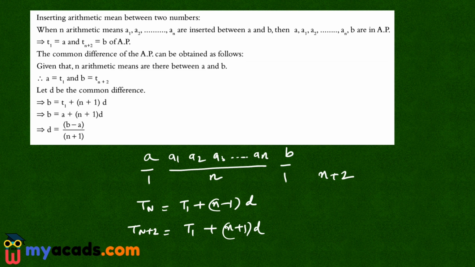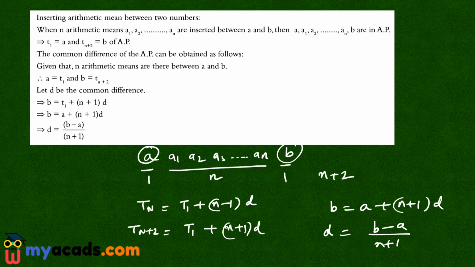So T(n plus 2) is b and T1 is a, so b equals a plus (n plus 1) into d. So the common difference d is (b minus a) upon (n plus 1). So I know the common difference d, I know the first term, and so I can find all these numbers. So these are my n arithmetic means between the two numbers a and b.